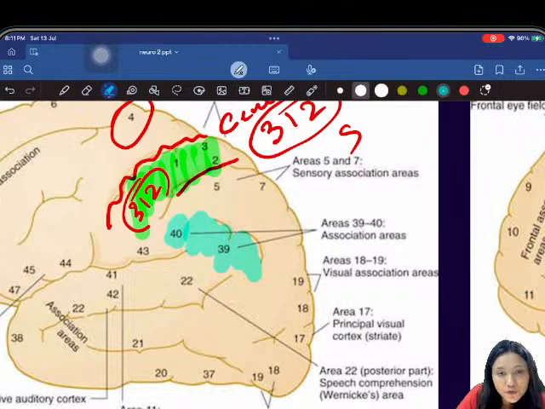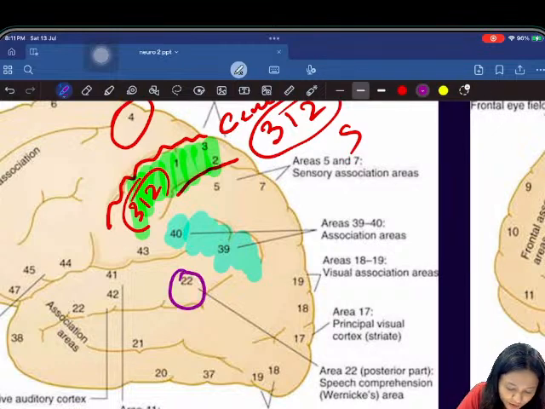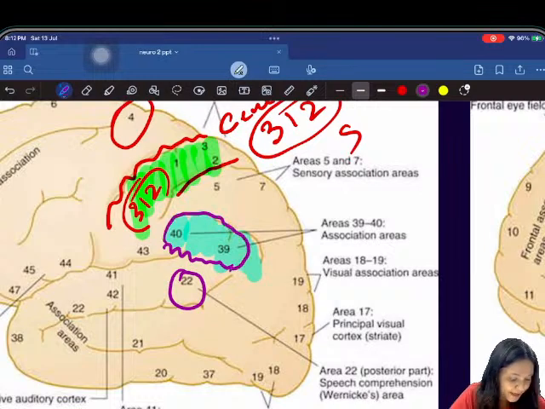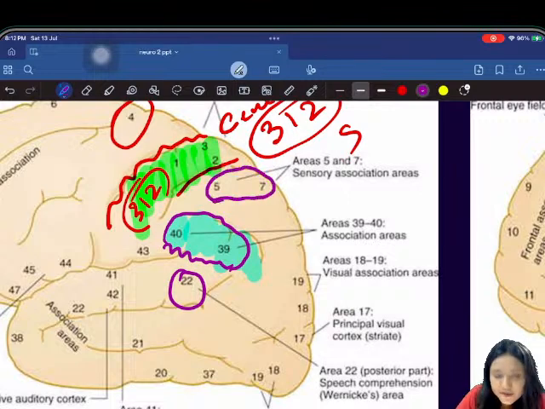It is a part of the Wernicke's area. The main Wernicke's area is area number 22, and 40 and 39 are a part of the Wernicke's speech area, the somatosensory part, which is secondary. Primary is area number 22. So 40 and 39 are present in the inferior parietal lobule, and area number 5, 7 is an association area present in the superior parietal lobule. This is your parietal lobule.